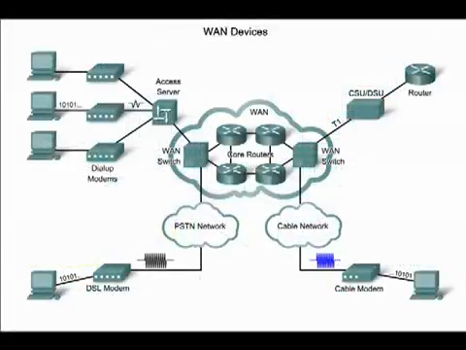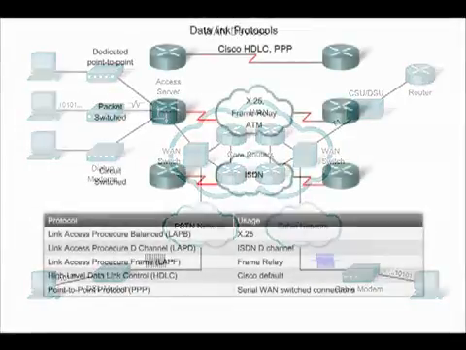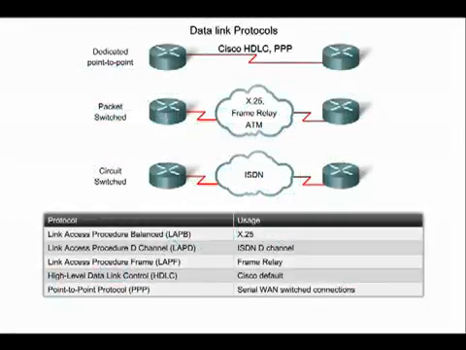Examples of WAN devices include modems, routers, access servers, channel service unit data service units, or CSU DSUs, and WAN switches. Details about each of these devices will be covered as you continue to study WAN access and technologies. In addition to physical layer devices, WANs require data link layer protocols to establish the link across the communication line from the sending to the receiving device.